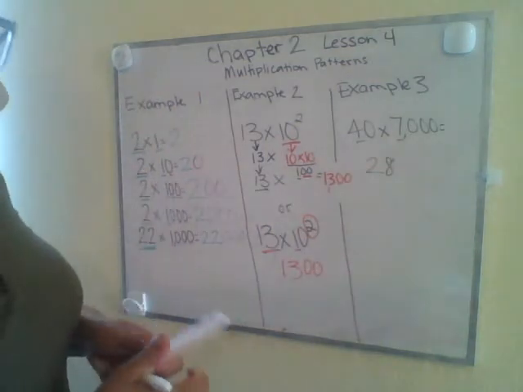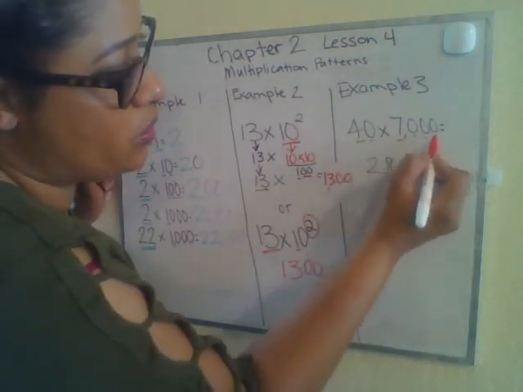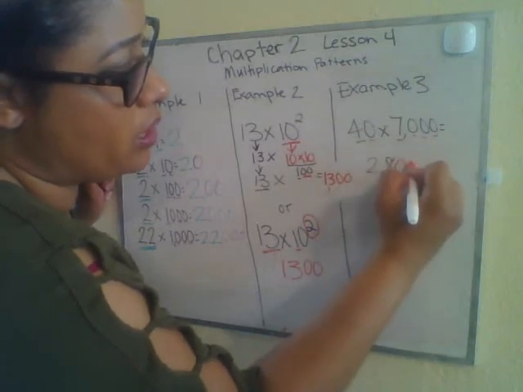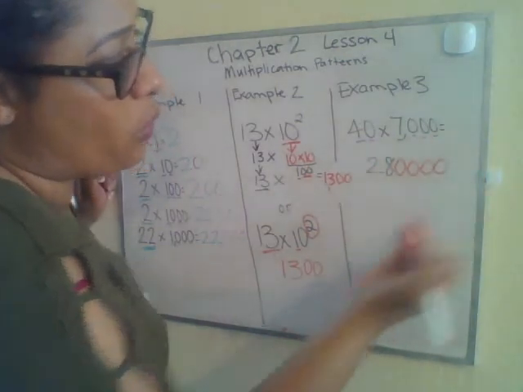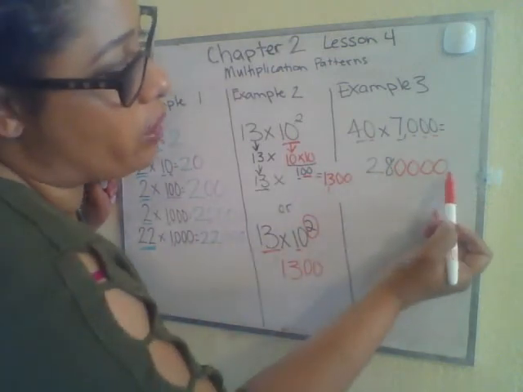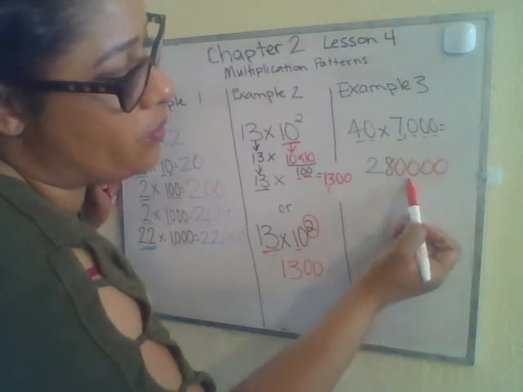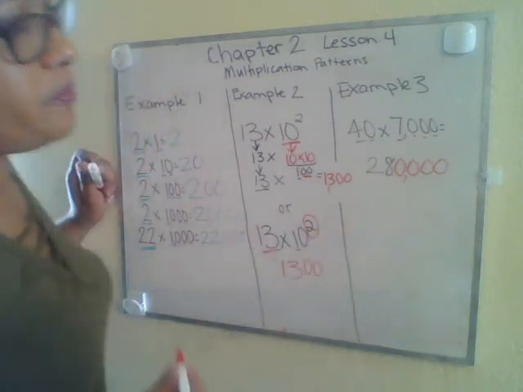So there's my 28, and then I would count how many zeros I have, and in this case, 1, 2, 3, 4. And then how I know where to add my commas is I work backwards, and every 3 numbers is where I put my comma. So 1, 2, 3, comma.